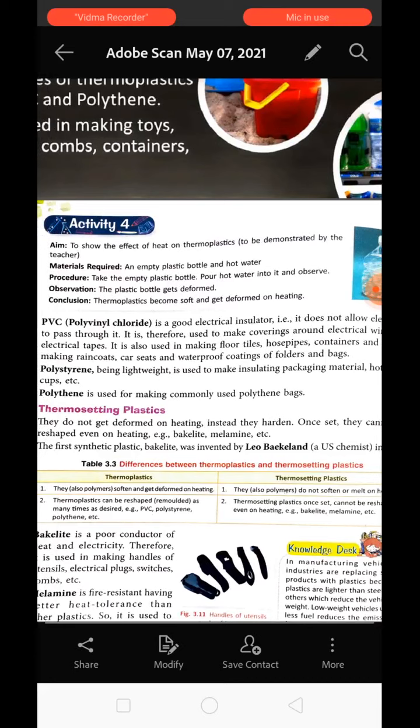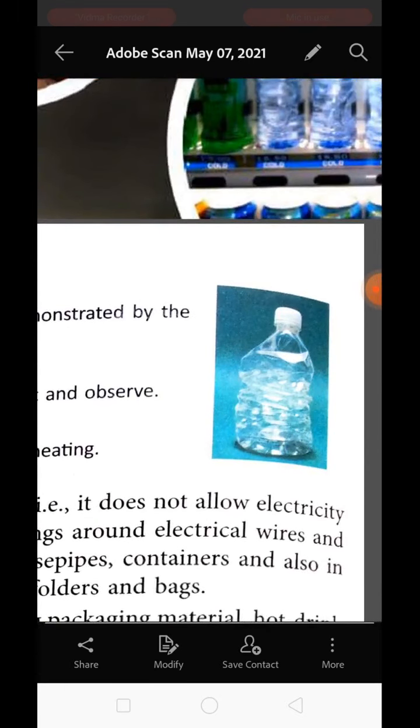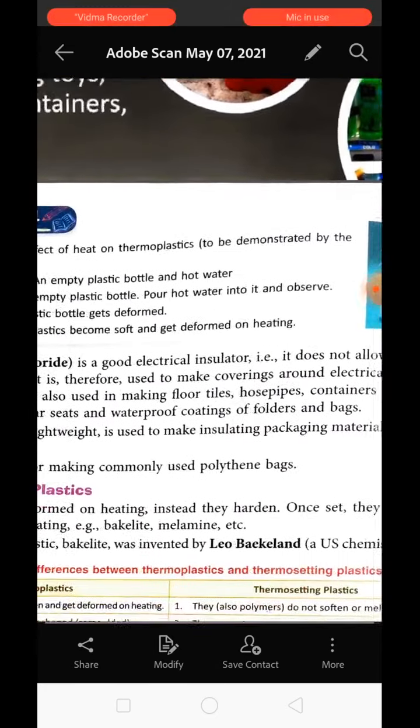We have to take the empty bottle and fill it with hot water. What will you observe? Just like we have poured the hot water into this bottle, the bottle gets deformed because of heat. It will start to melt down.